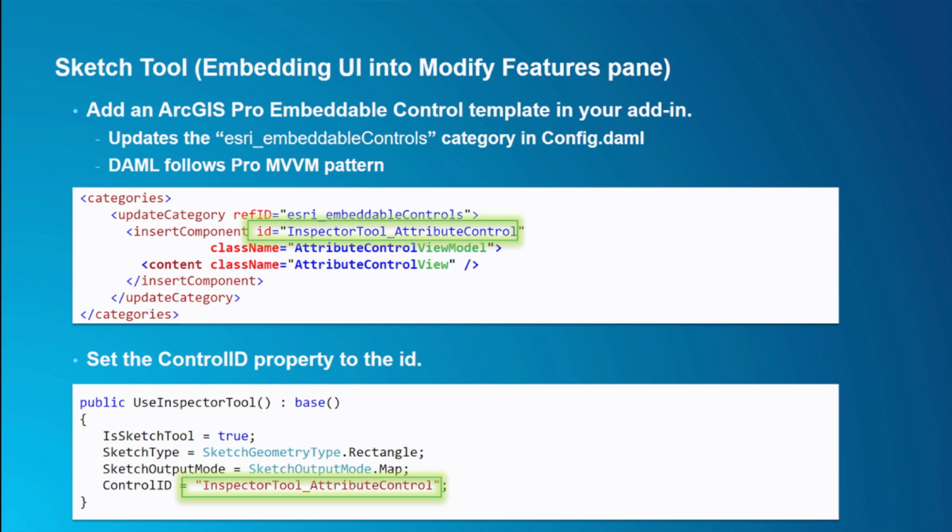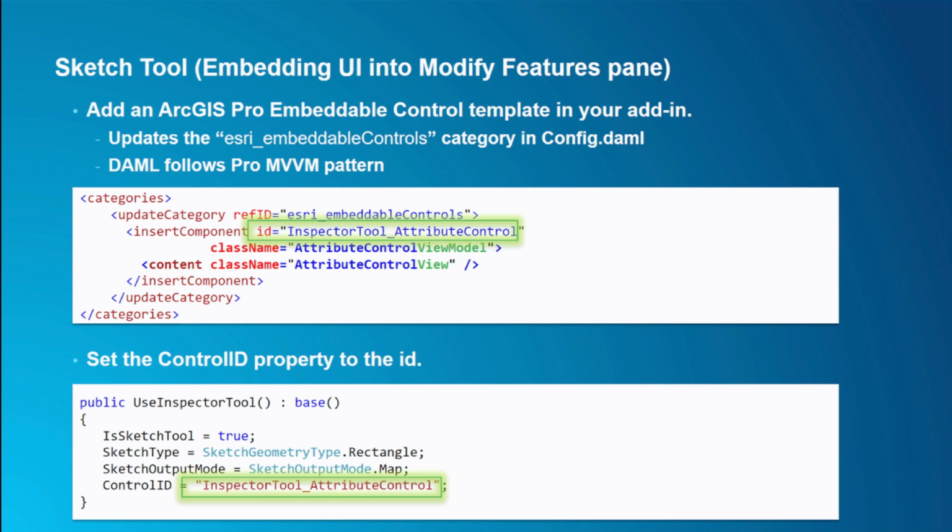Once you've added this into your solution, the entity that is being auto-generated for you as part of the Visual Studio template is that it is inserted into a category of embeddable controls. And then in order to tie this embeddable UI component into your tool behavior, there's a property on the tool you are setting as the control ID.